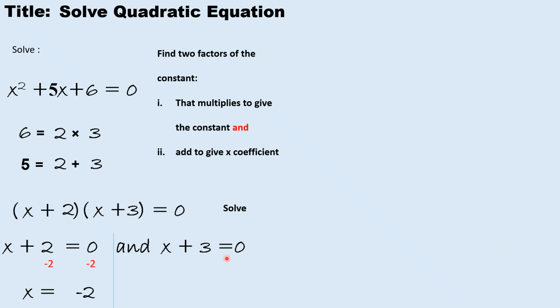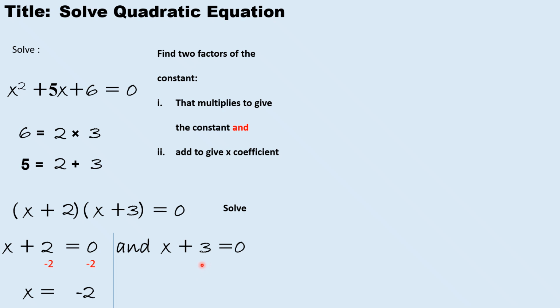x add 3 is equal to 0. To reverse the last operation done to x, we have to reverse add 3, and the reverse of add 3 is minus 3.